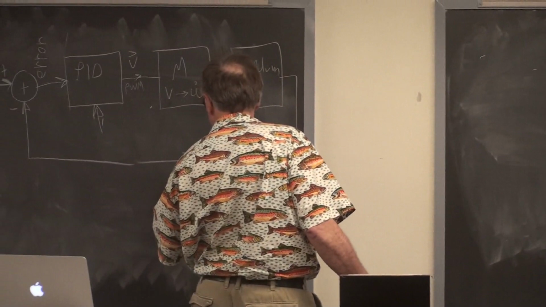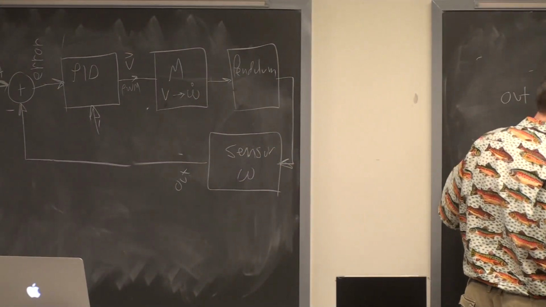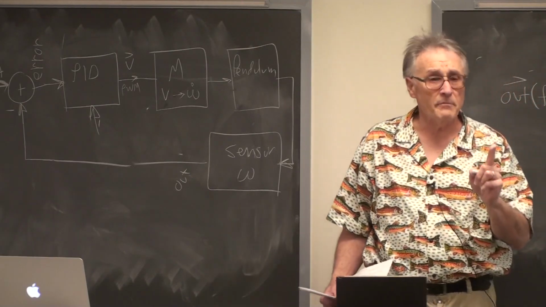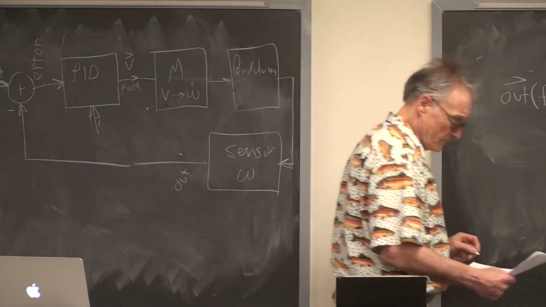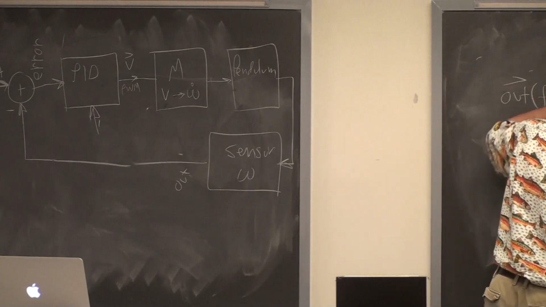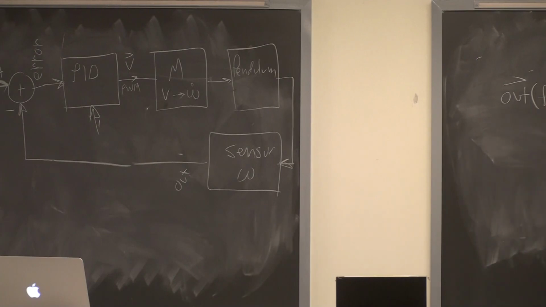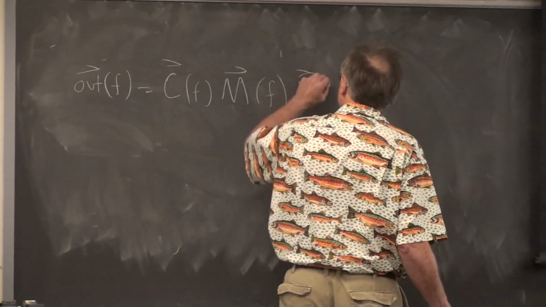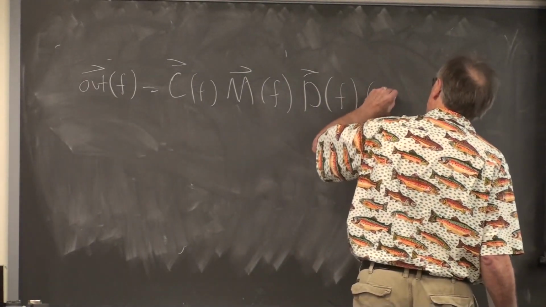And we can write the output here. This is the output. We can write the output as a function of f. And now this is going to be a vector because it's going to have phase and magnitude. It's a phasor. It's equal to some control function, the PID function of f, times the motor function of f, times the pendulum, the device function of f, times the error.